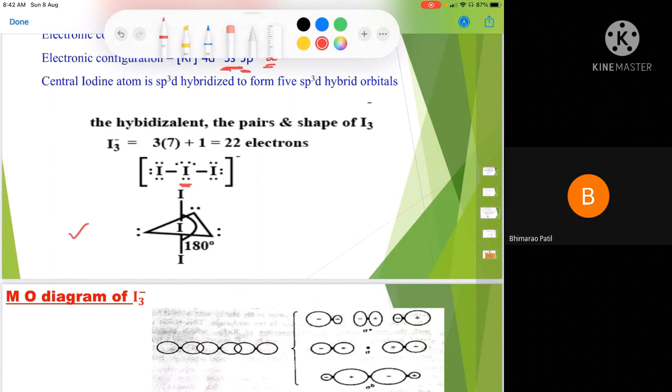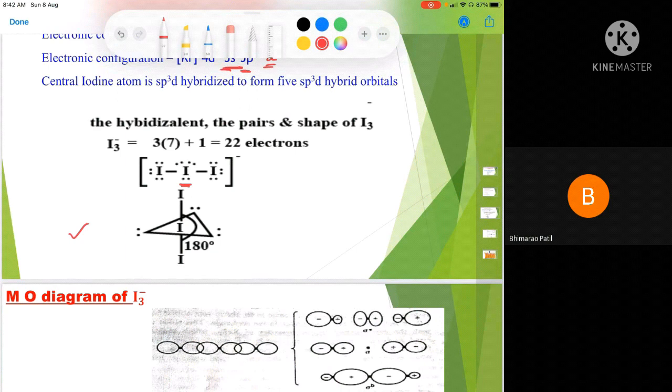You know that the 5 sp3d hybrid orbitals are oriented in space in such a way that there is maximum space and minimum repulsion between the electrons present in those hybrid orbitals.